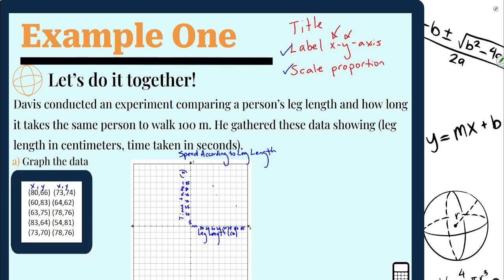Then I have 83 and 64. Next is 73 and 70. Then I have 73 and 74. 64 and 62.